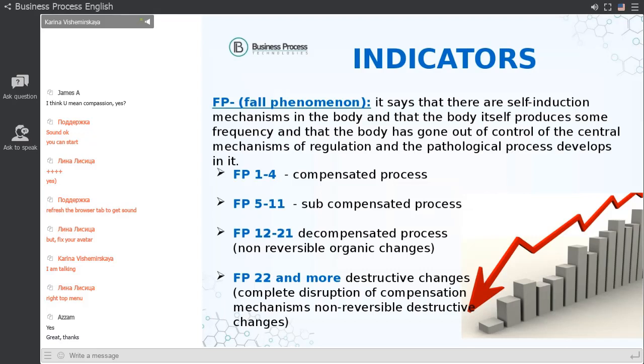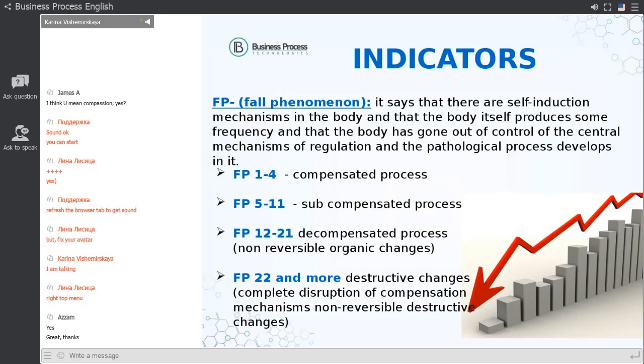They are non-reversible organic changes, but if they are closer to 10, until 15, we can give it a chance. There is a chance to adjust it. If it's closer to 20, then no. And if fall phenomenon is 22 and higher, this is a complete disruption of the compensation mechanism, irreversible destructive changes.